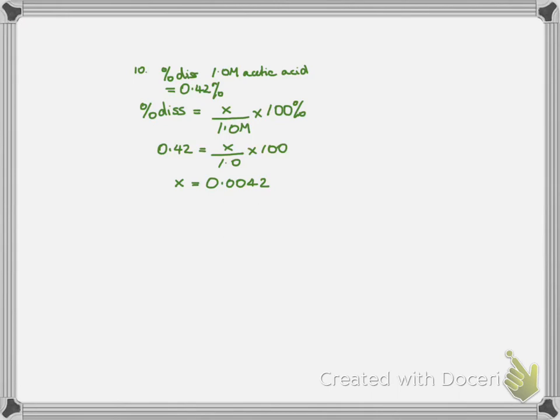Now we can use that in our ICE box, or even straight into our equilibrium expression. And we can say that Ka is equal to the concentration of H3O plus times the concentration of the CH3COO minus ion divided by the concentration of the original acetic acid.